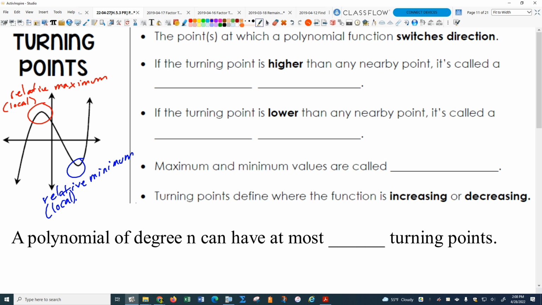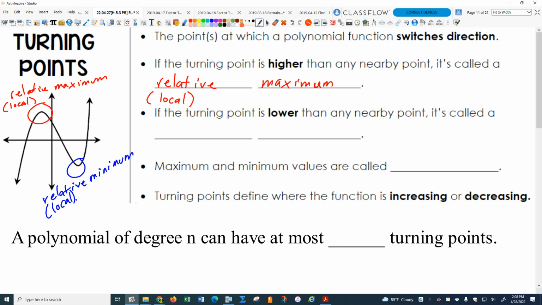So what do we have here then? The points at which a polynomial function switches direction are the turning points on the function. If the turning point is higher than any nearby point, it's called, as we said, a relative maximum, relative or local.